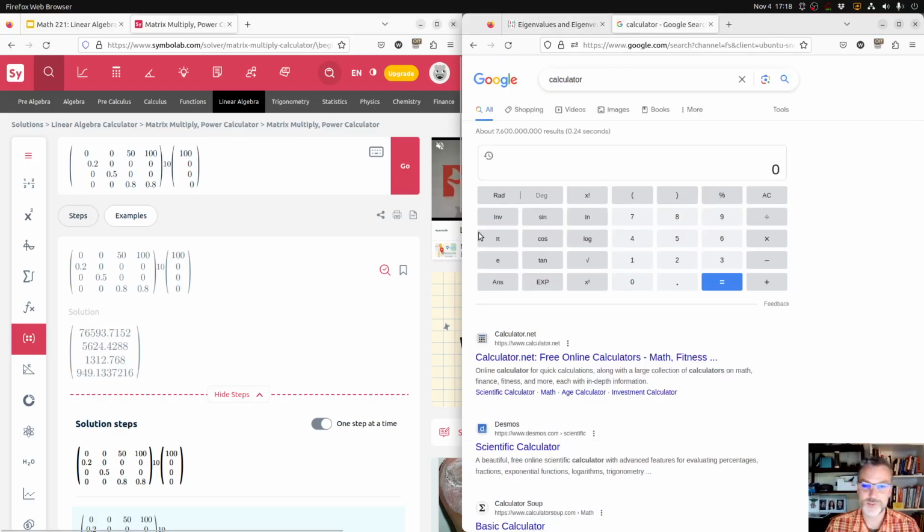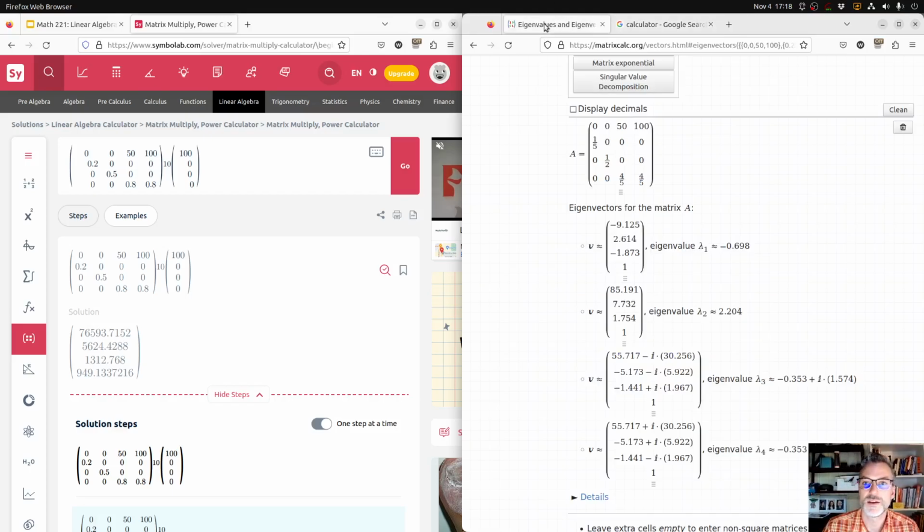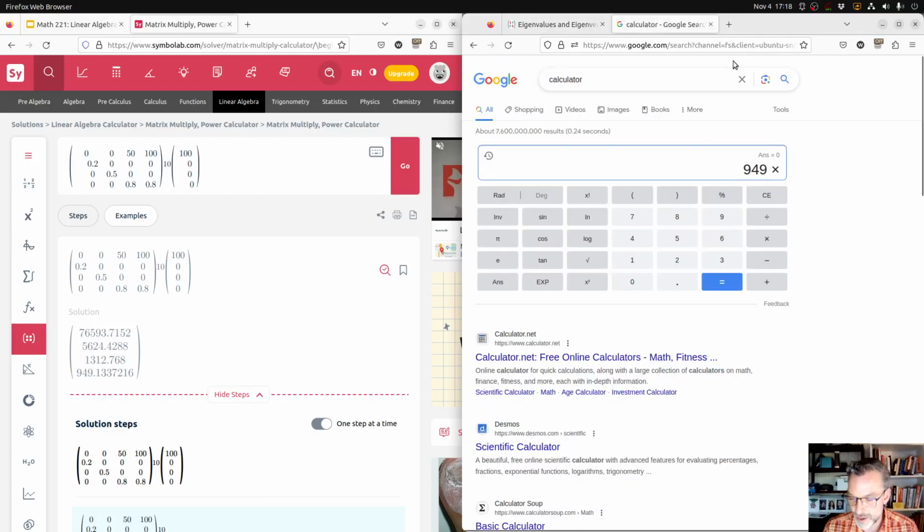Okay, and let's try it. I've got 949 adults roughly, and if I multiply it by the first entry of the eigenvector, which is about 85, and I'll just put it in, roughly 85. What I get is pretty close to this value here.